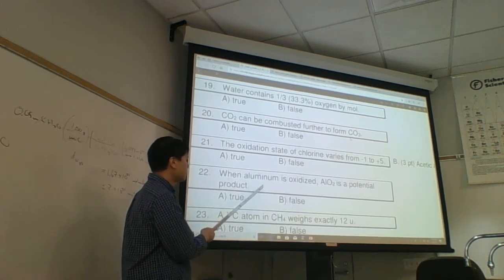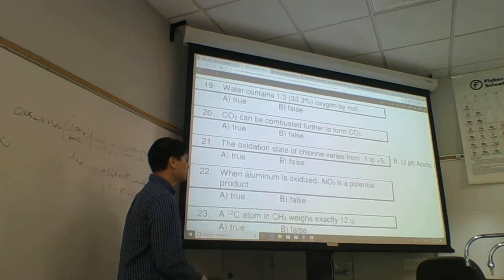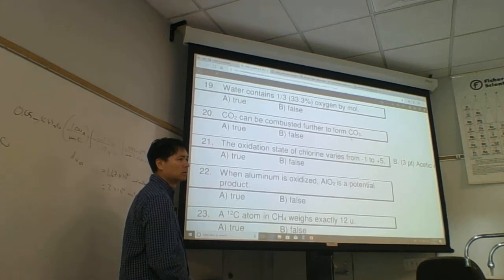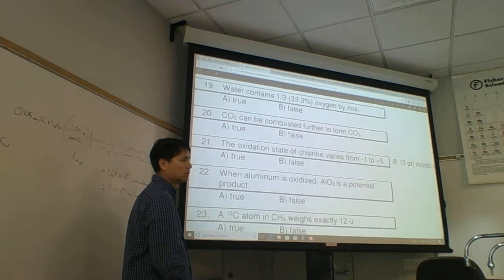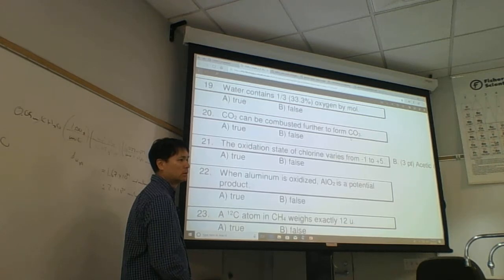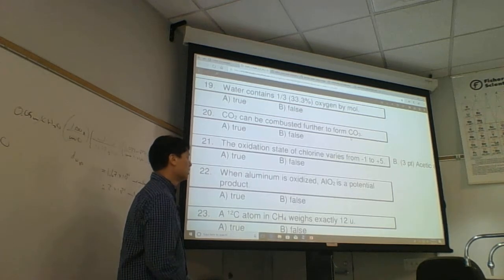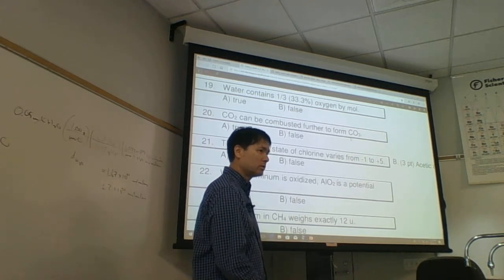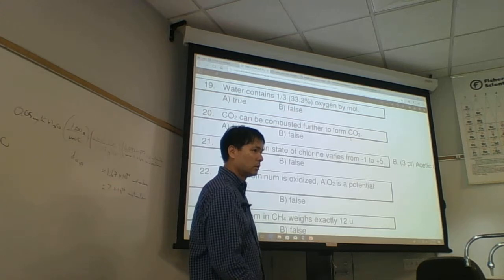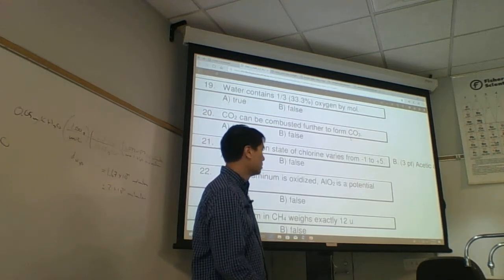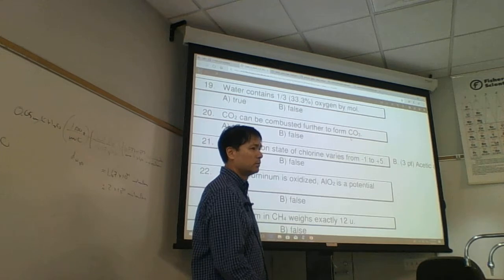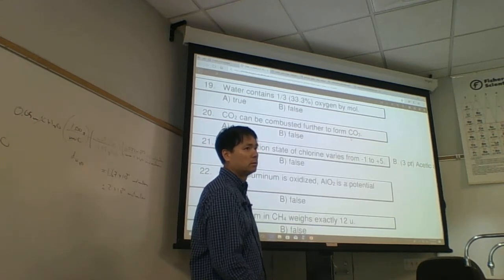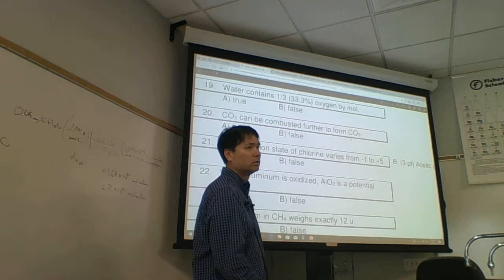When aluminum is oxidized, AlO2 is a potential product. If we oxidize aluminum, we're going to form oxides of aluminum. Is AlO2 a potential product? No, AlO2 is not a potential product.